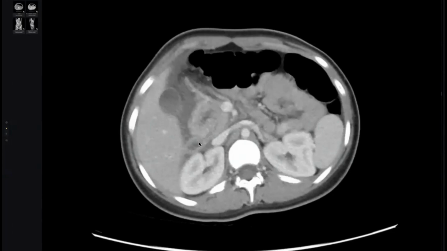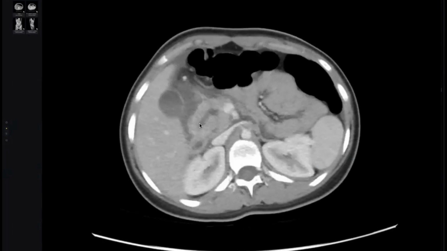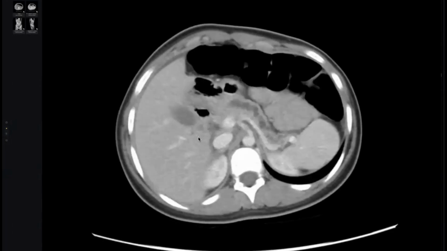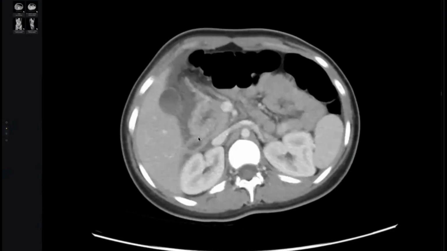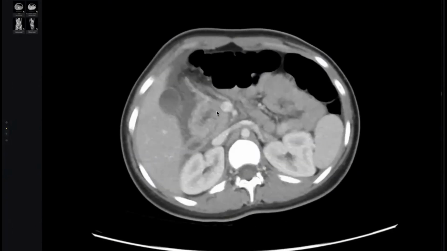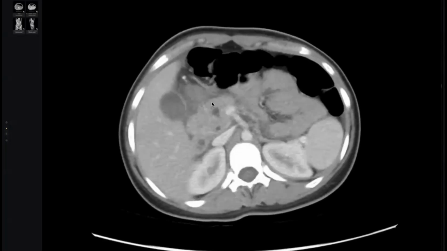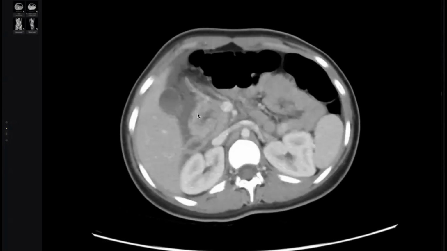The opening here is larger than the minor one. The minor duct drains into a smaller opening, so the capacity of pancreatic secretion exceeds the opening capacity. Finally, you will get this dilatation and surrounding smudged fat, denoting pancreatitis.